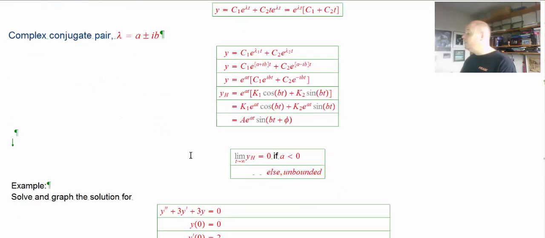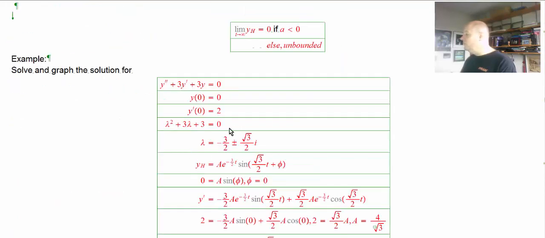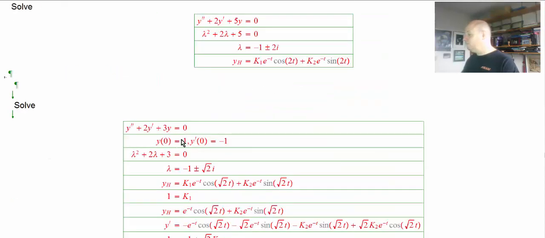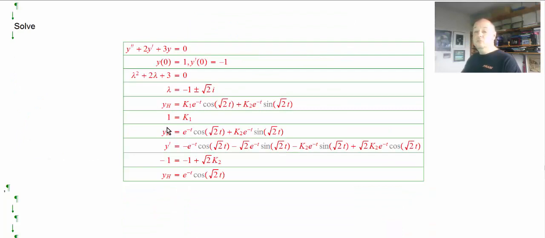Now in all these cases, our real part of the eigenvalues were negative. In each one of these examples, the homogeneous solution went to 0 because the eigenvalue always had negative real part. Do they always have negative real part? No, sometimes they have positive real part.